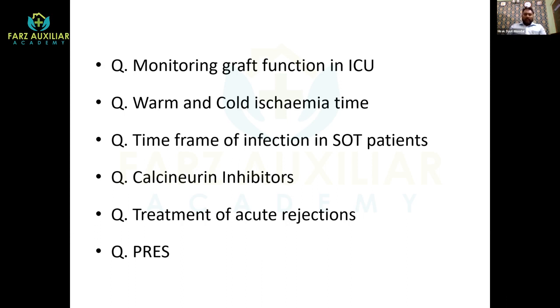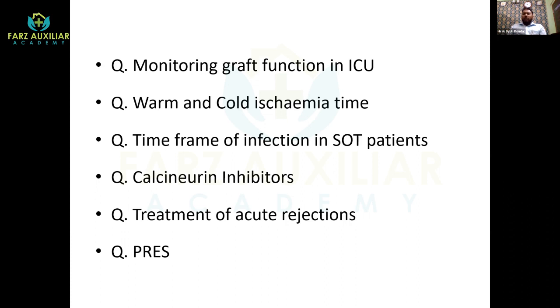And next is what are warm and cold ischemia time. So what is ischemia time? When in a brain dead patient you are taking the organ from that patient and preserving it in a cold solution, that time is called donor warm ischemia time. This time is quite low, less than 5 minutes.